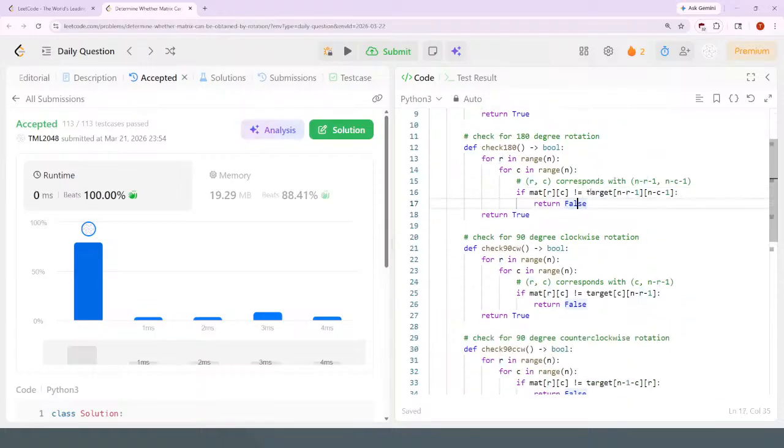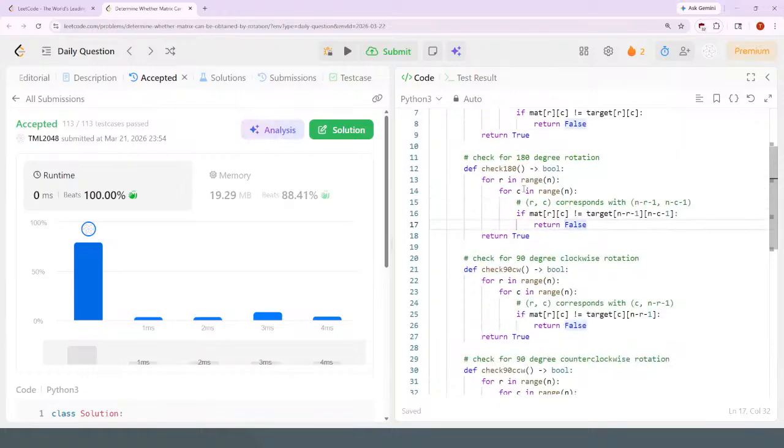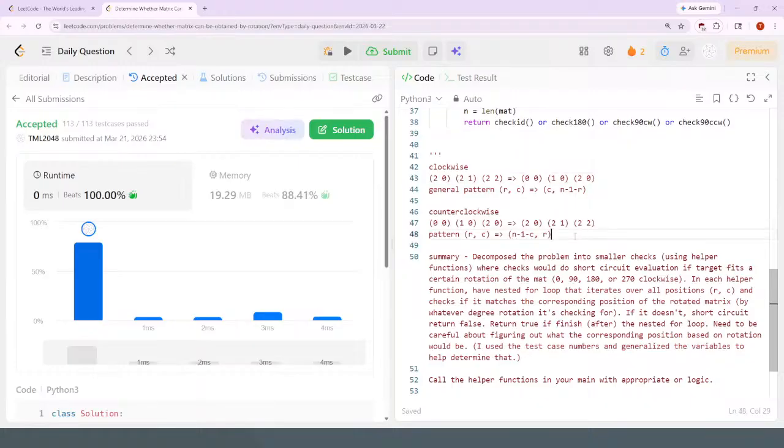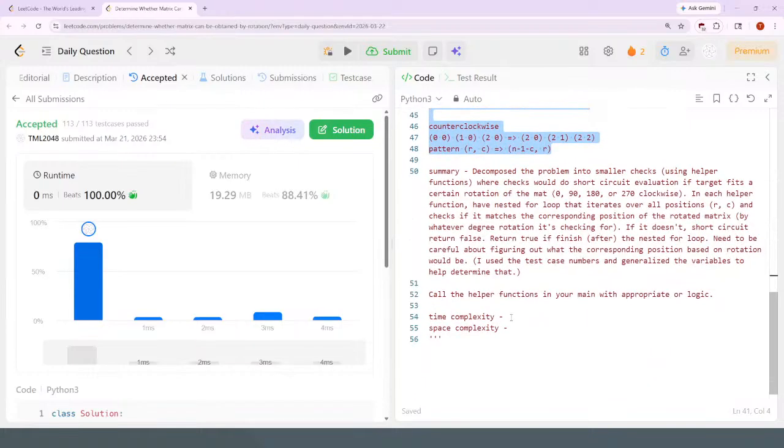Return false if it doesn't match, short circuit logic there, return true if it doesn't short circuit within the loop, and then just make sure you have the correct positioning for RC compared to whatever it rotates to. And here's kind of the logic of some examples.